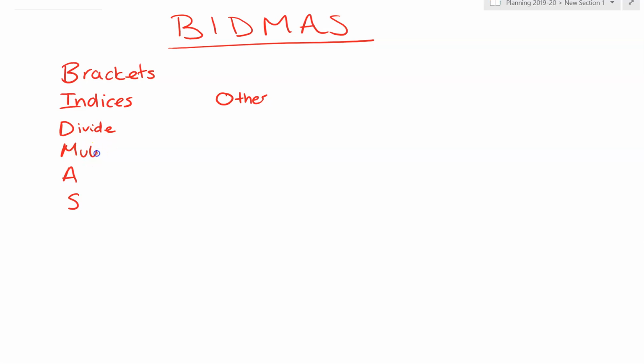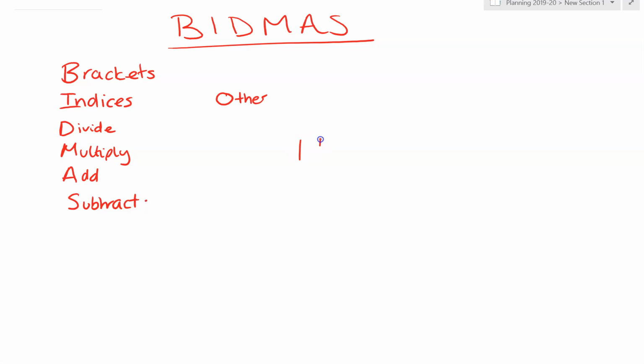M is multiply. A is add. S, subtract. Apparently subtract starts with a B now. So when you're going through a calculation, if you follow the letters of Bidmas, it will tell you what order to do things in.